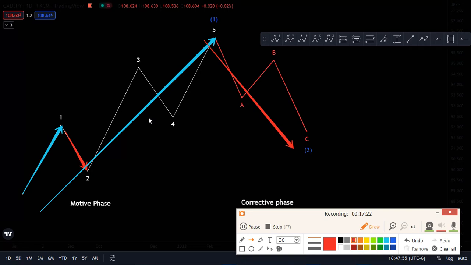In the 5-wave pattern, which is the general and ideal pattern, but not the complete cycle, because remember the complete cycle, as we have shown, is an 8-wave structure, we find that wave 1, wave 3, and wave 5 are under motive mode, and the counter trends, which are wave 2 and 4, are under corrective mode.